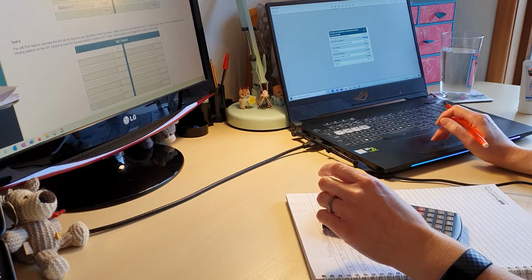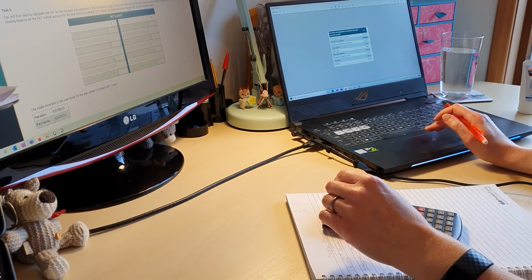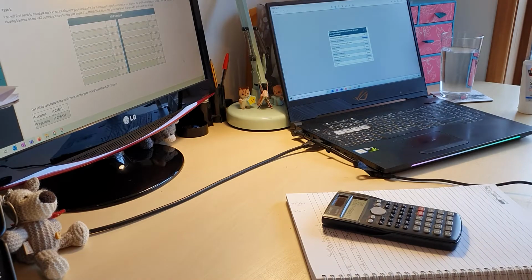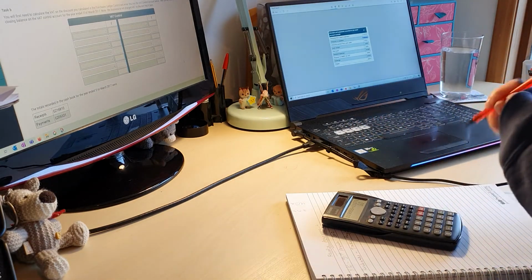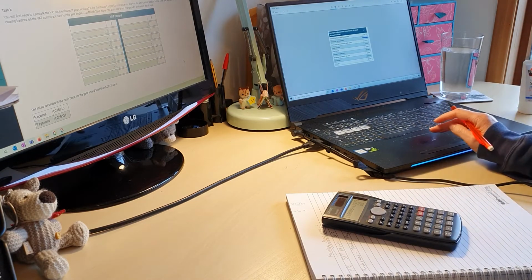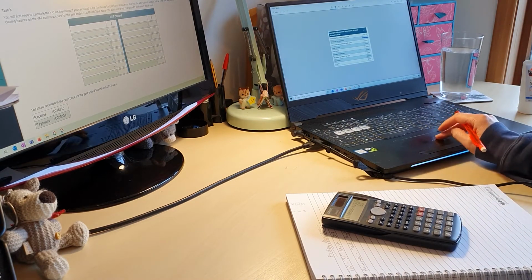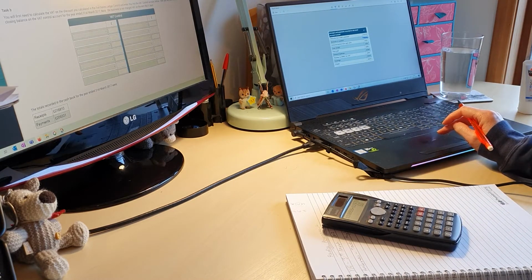Okay, done that. But you will first need to calculate the VAT on the discount. You will first need to calculate the VAT on the discount. You calculate it in the purchase ledger control and enter this into the VAT control account below. Then you will need to find the closing balance on the VAT control account.